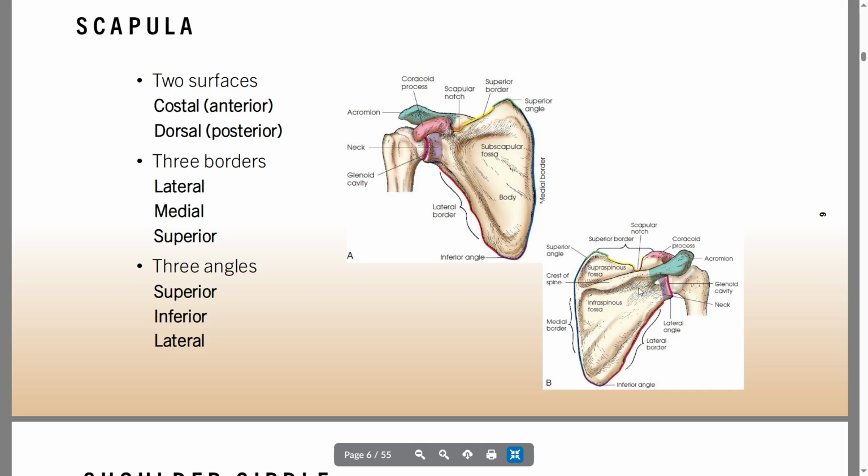Remember, a fossa is just a depression, so it just means that there is kind of a lowering in elevation in the surface of these parts of the bone. The muscles that sit in these areas are also named after the fossae. So the supraspinous fossa holds the supraspinatus muscle, infraspinous fossa holds the infraspinatus muscle, also teres minor that kind of tags along.